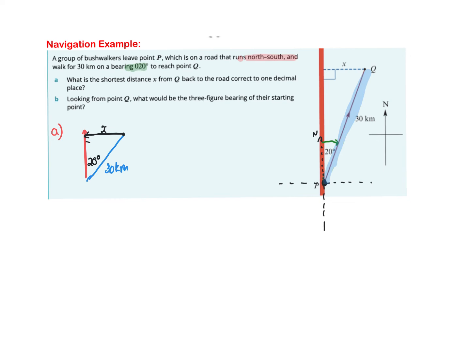So we can see we've created a right angle triangle, and we can label it up like we normally do. What side is this X when I label opposite? Good. And what side is this 30 kilometres? Hypotenuse. So if we write SOHCAHTOA on the top of our page, which one are we doing? Good. Sine angle equals O over H.